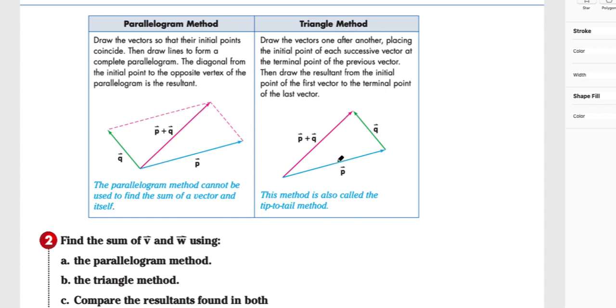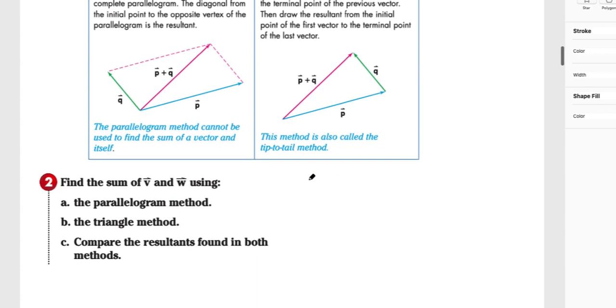We also have the triangle method, or the tip to tail method, which is basically exactly as you think it is. You take one vector and then take the next vector right after it and compute the sum, or the length and the direction of the resultant vector that you get.